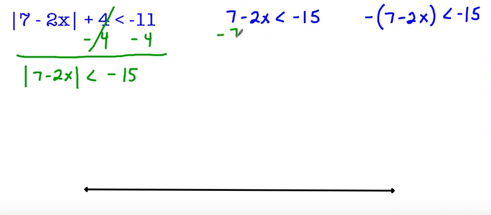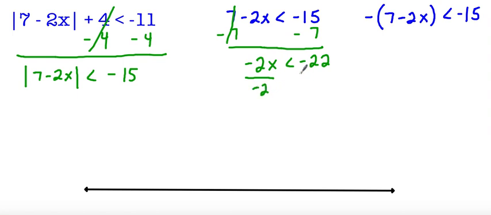So we're going to subtract 7 on both sides. And we're going to divide by negative 2. So x is now greater than 11.